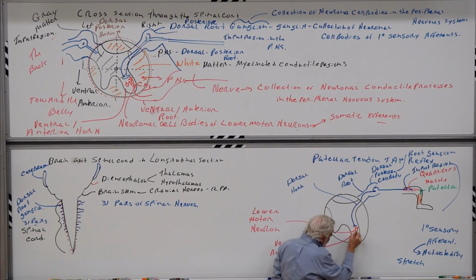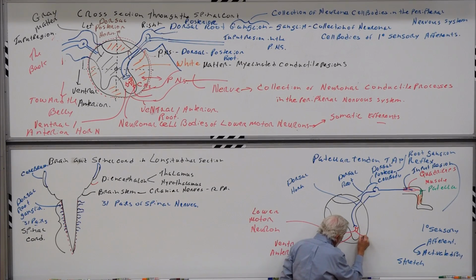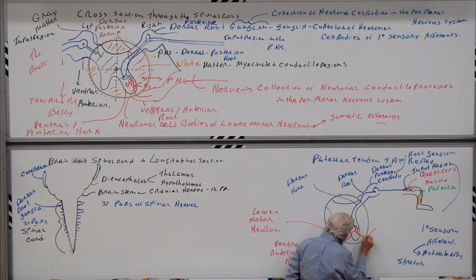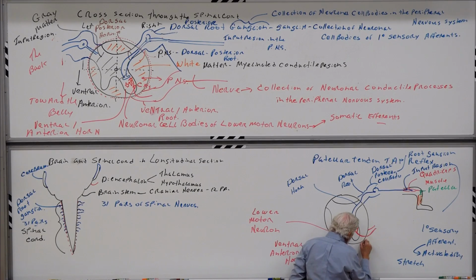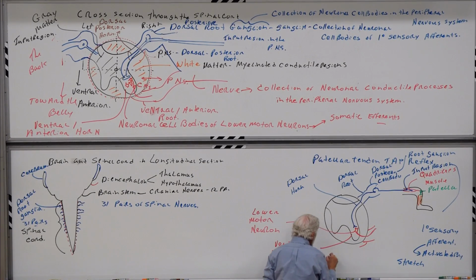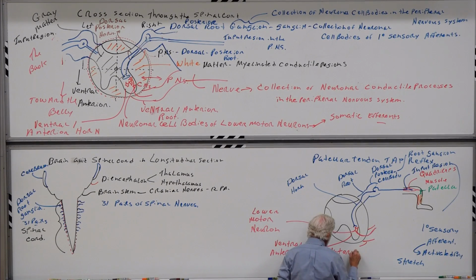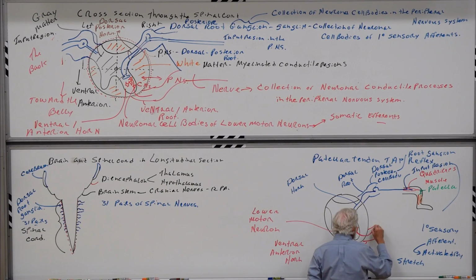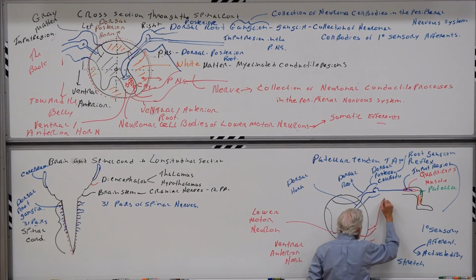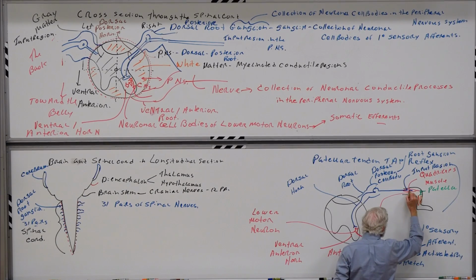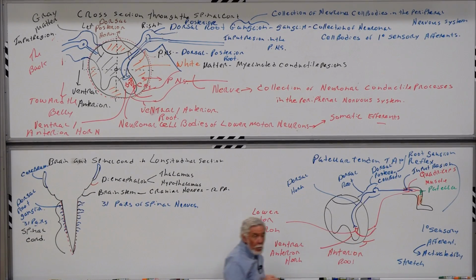This neuron now sends a process out into the periphery, just as we saw above. It enters this structure here in the periphery, known as the ventral or anterior root. The neuron enters the spinal nerve and goes all the way back here to the quadriceps muscle.